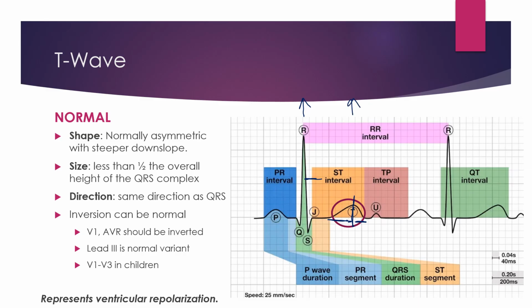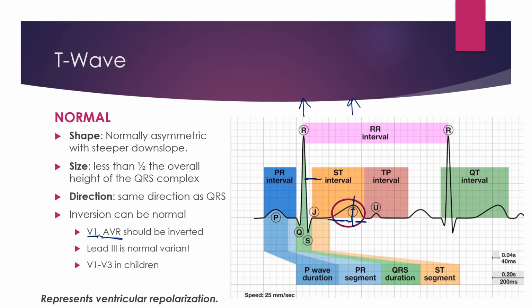There are some places where inverted T waves are normal. So in lead V1, it is a normal finding to have an inverted T wave. The QRS in V1 is also negative. Okay, so negative QRS in V1 and negative T wave in V1. Same thing in aVR. So in aVR, your QRS complex should be upside down and your T wave should be upside down with it. Okay.